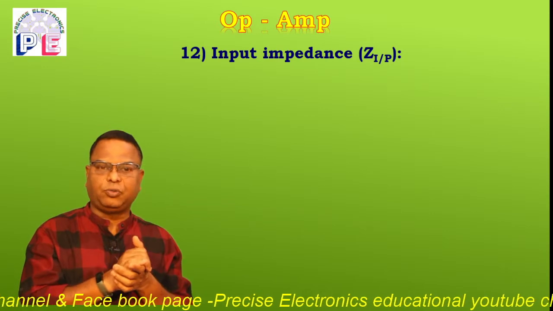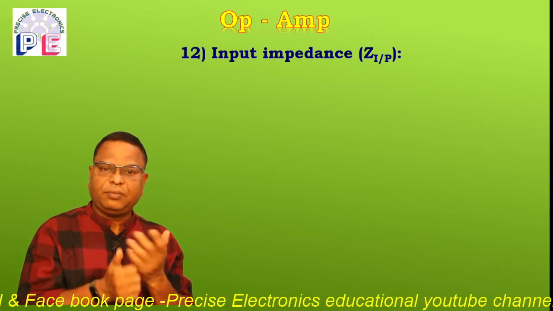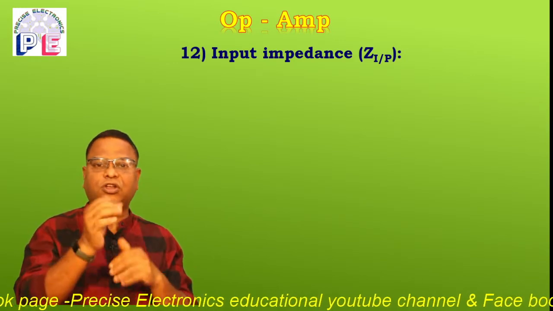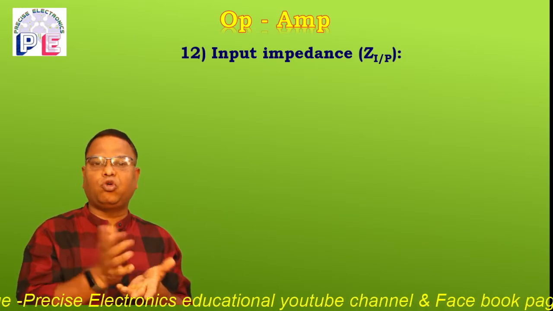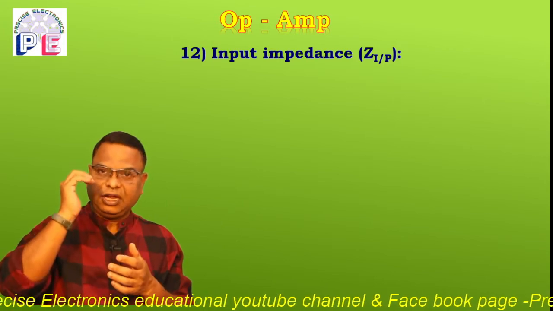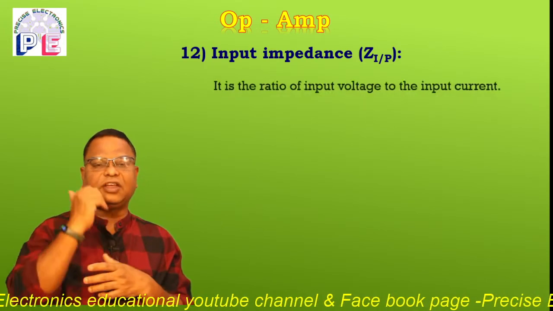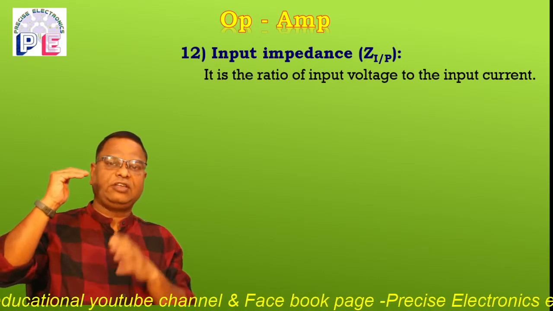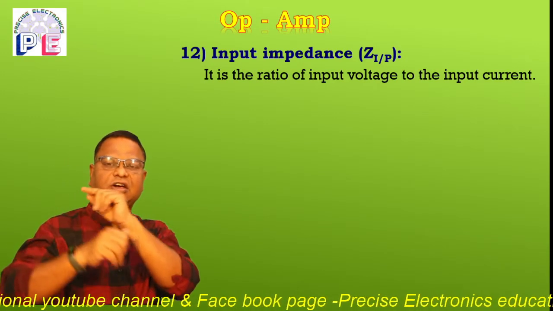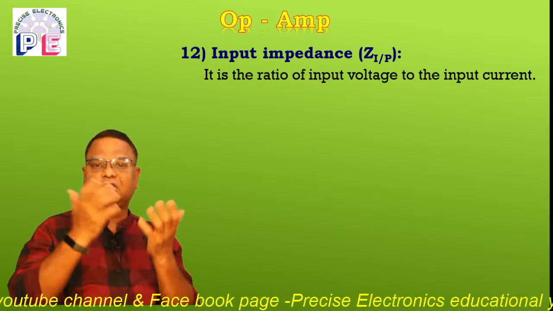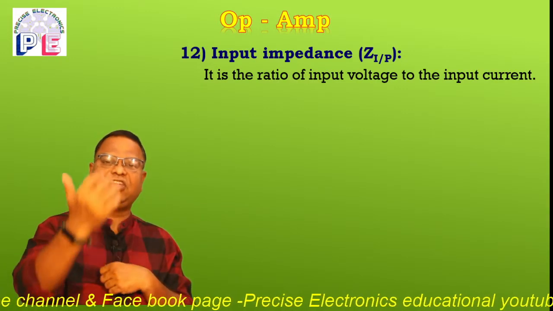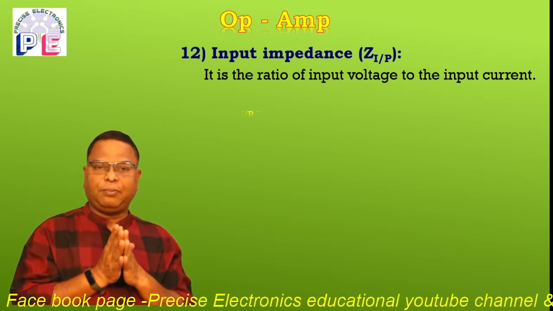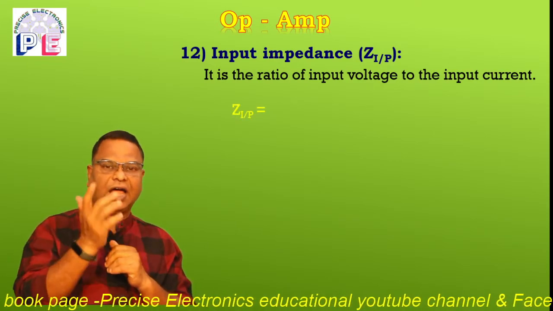Now parameter number 12, that is input impedance, ZI or ZIP. What is impedance? Impedance is resistance. So how is the resistance calculated? Obviously by using Ohm's law. Input impedance is the ratio of input voltage to input current, the voltage applied to the input terminal and the current flowing into it.